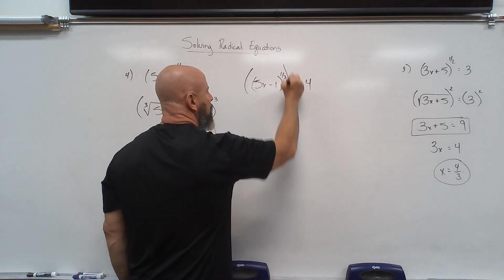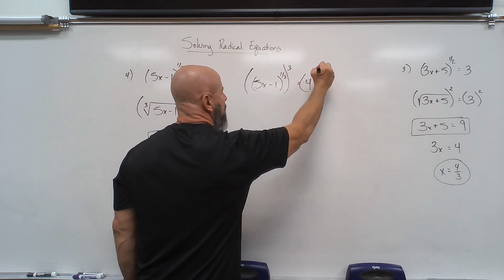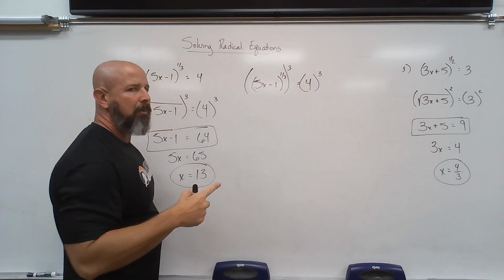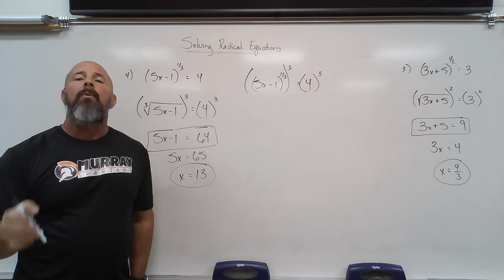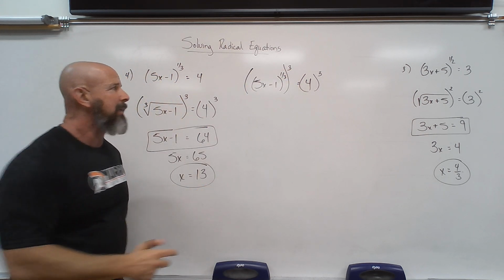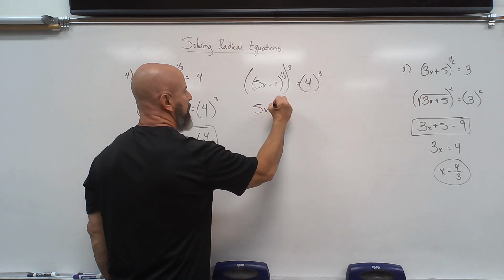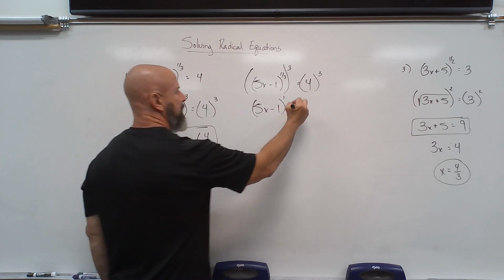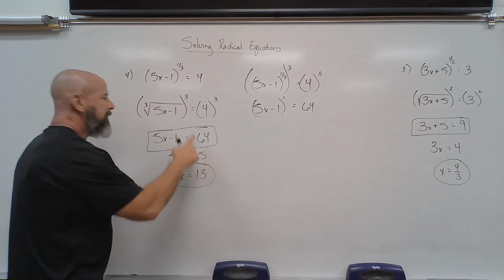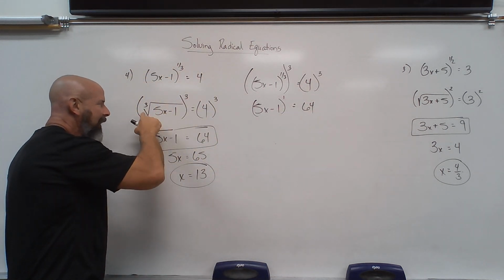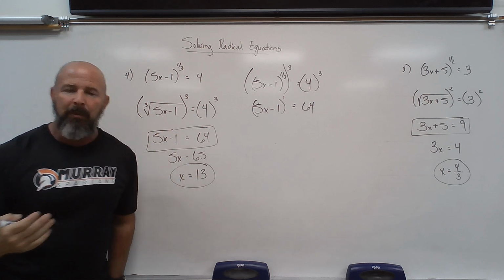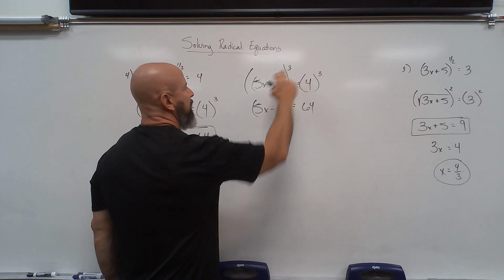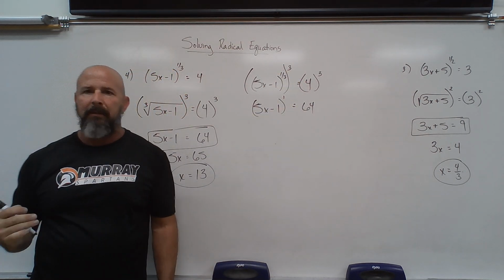So if I were to cube both sides, power to power from your old exponent rules, that meant multiply. Well, 1/3 times 3 is 1. So that becomes 5x minus 1 to the first is 64, which is why that cube is taking out that cube root. It's really an exponent property, a power to a power. We're going to multiply 1/3 times 3 would give me that 1.